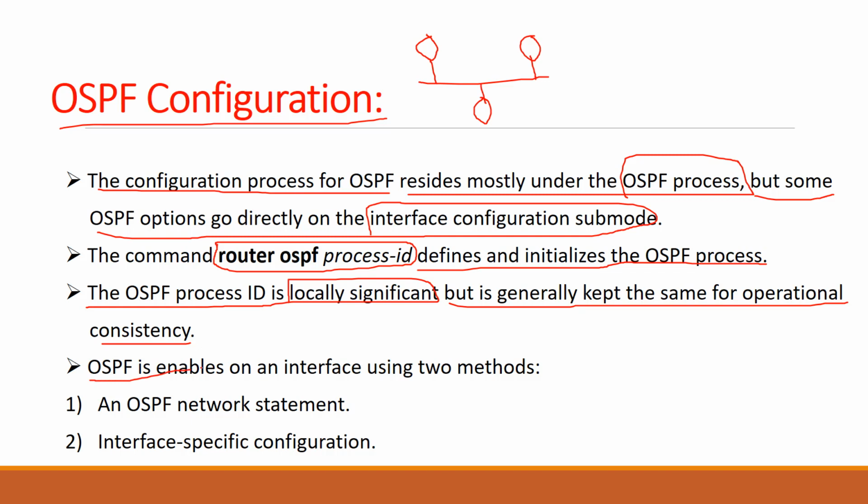Actually, OSPF is enabled on an interface using two methods. The first one is an OSPF network statement. The second one is interface-specific configuration. So to enable OSPF on an interface, you can use the network statement under the OSPF process or the interface-specific configuration under the interface configuration submode.